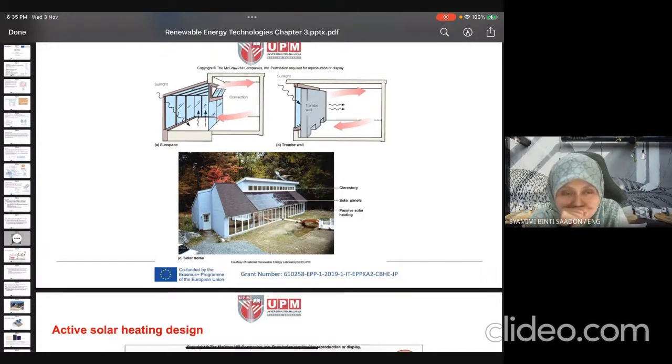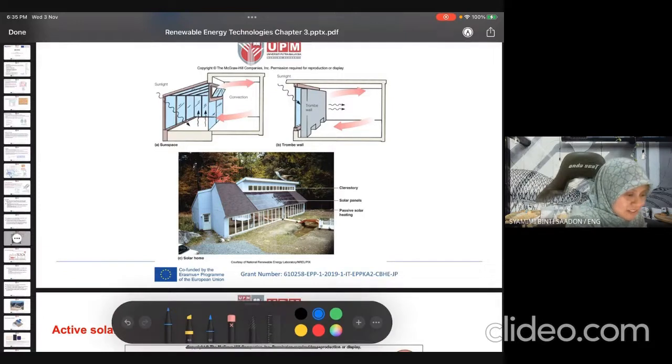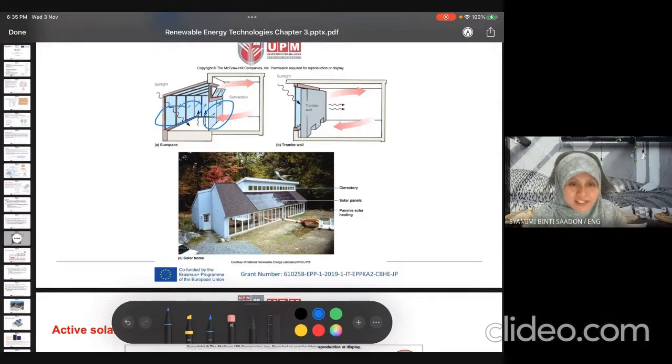Instead, the designers design the house with double glazing. You can see here it has a glazed window, another row of windows, two rows of windows. In Europe, they basically have this type of house or building.